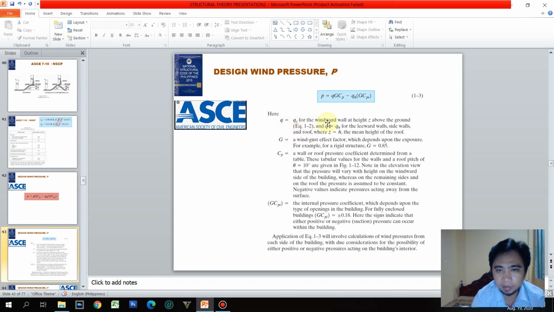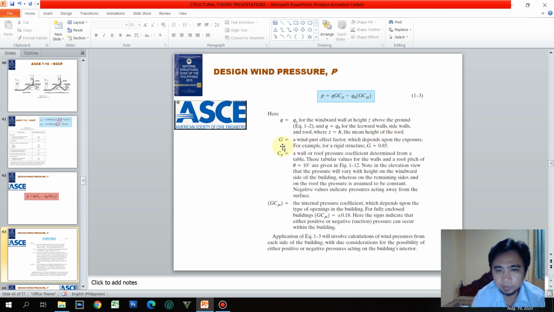For the formula for that, for the windward wall at height Z above the ground, equation 1-2, and q also is qh for the leeward walls, side walls, and roof, where Z is equal to H, the mean height of the roof.